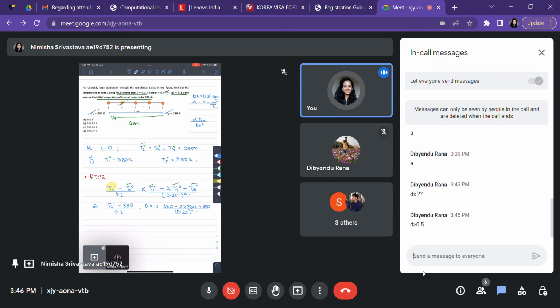You can write a comment at the end of your solution that since d is greater than 0.5 and that is not stable for the FTCS scheme, this is unstable. That's what you can write, but don't need to worry about one or two time steps.